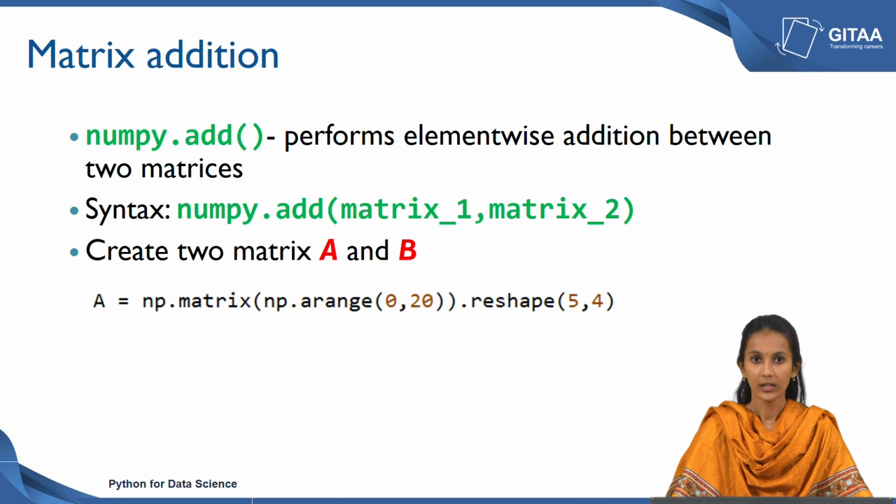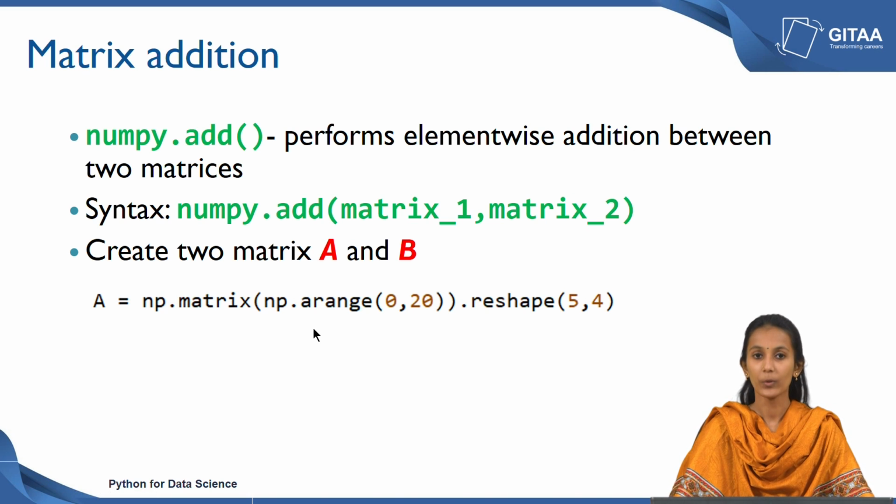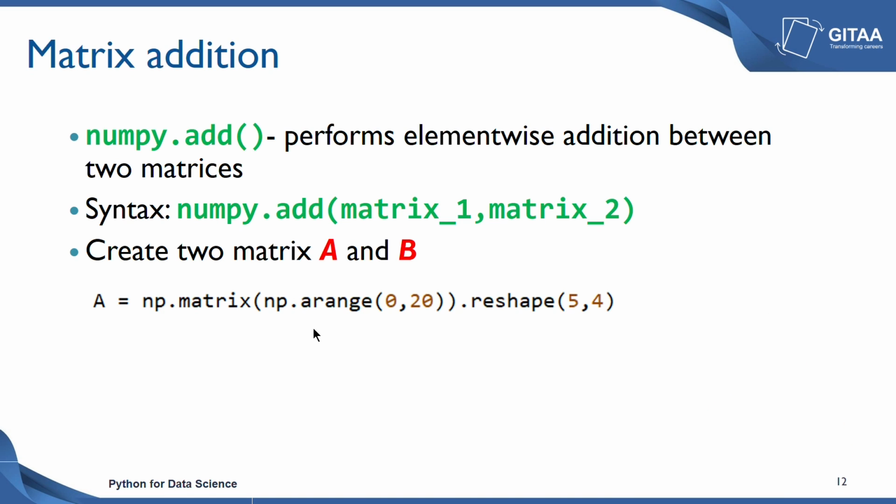Before calling np.matrix, you have to import the numpy package. Import numpy as np and then you can use the command np.matrix. Here I am giving the values 0 to 19 using the arange command.